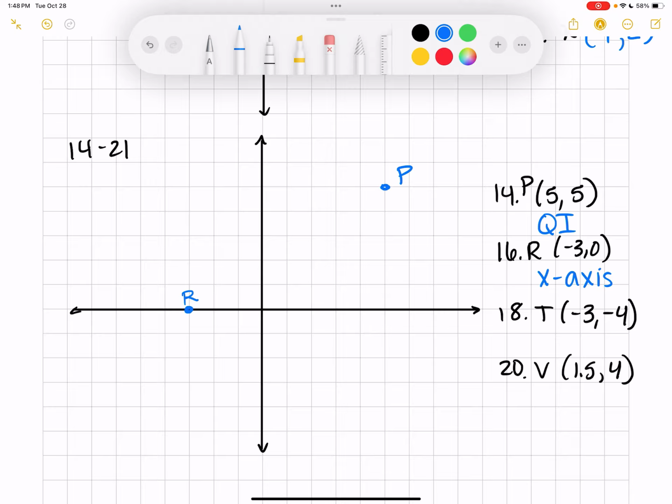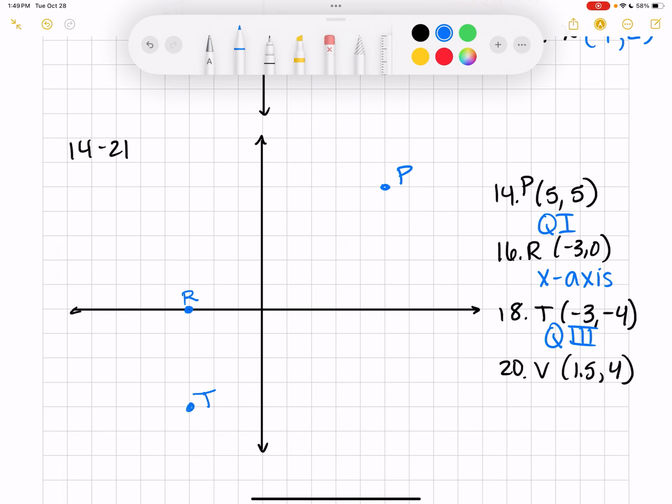Somebody else tell me where point T is. Just say it. Oh, you go left 3. Oh, quadrant 3. Okay, now what? All right, then you go left 3, and then down 4. Yep.